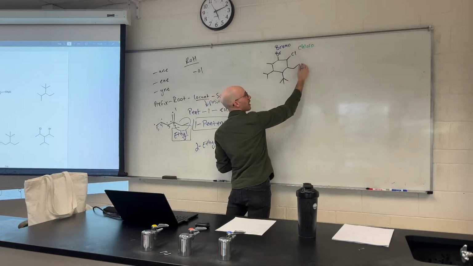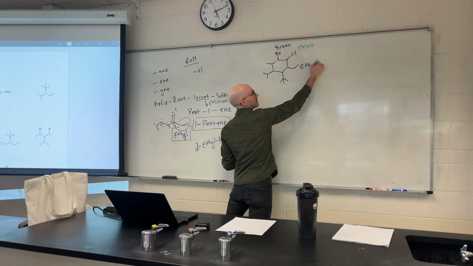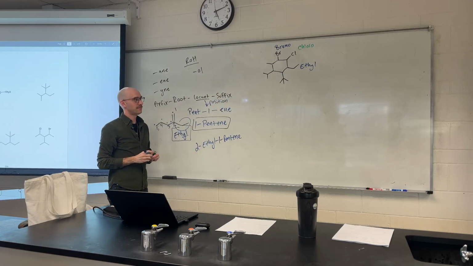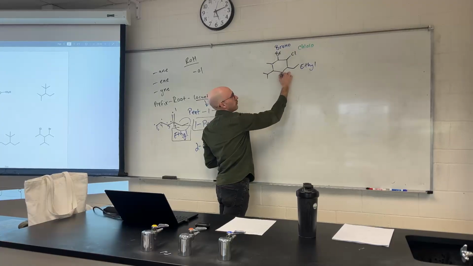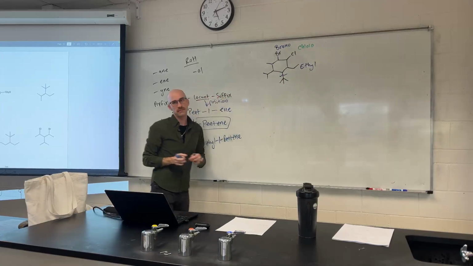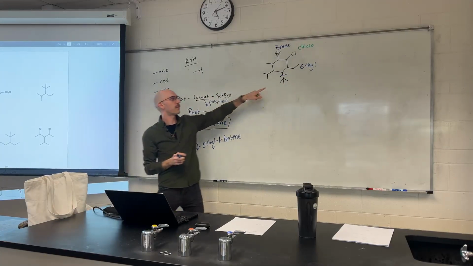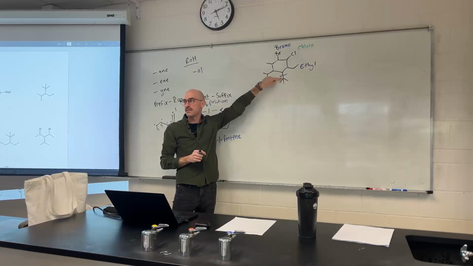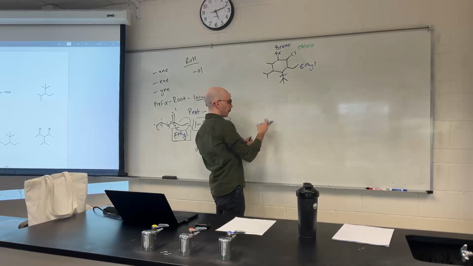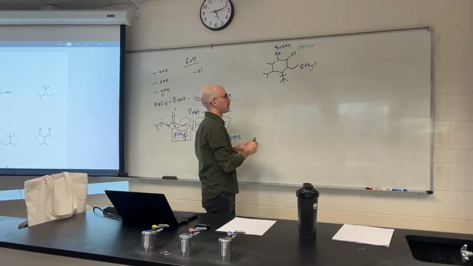A 2-carbon chain we already discussed is given the prefix ethyl. When I have a 4-carbon substituent that consists of 3 methyl groups connected at this central carbon, we'll refer to this as a tert-butyl group.